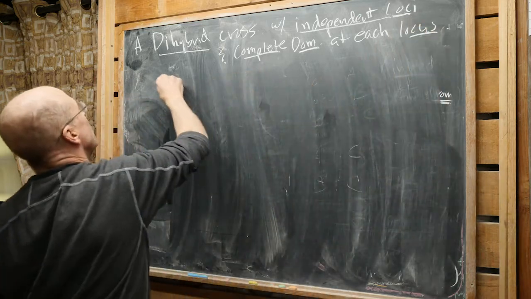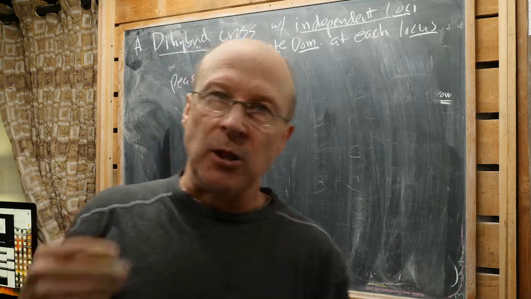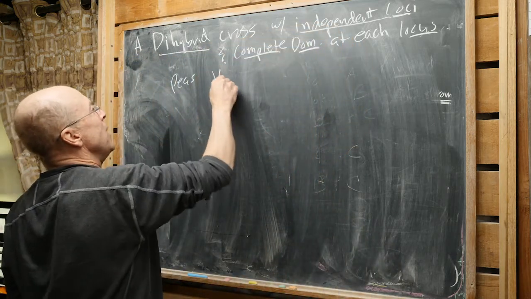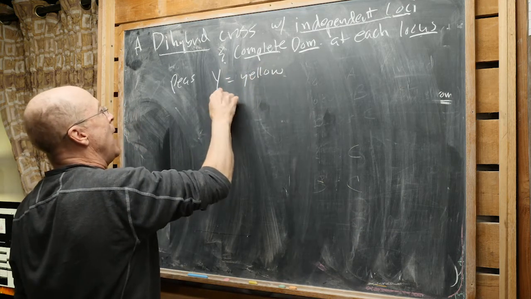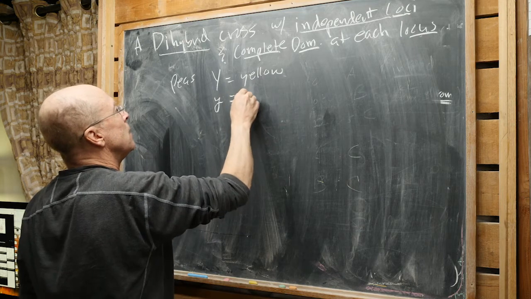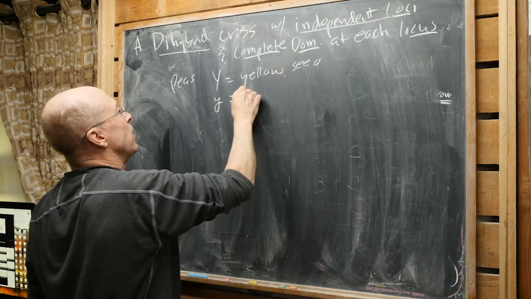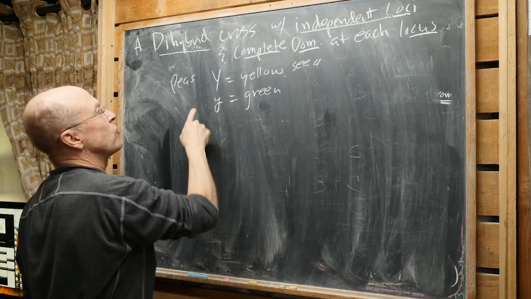Our system, we'll go to peas, and we're not going to be looking at flowers, we're going to be looking at seeds this time. So we are going to have big Y, which is going to be yellow. Little y is going to be green. So this is dominant, this is recessive.